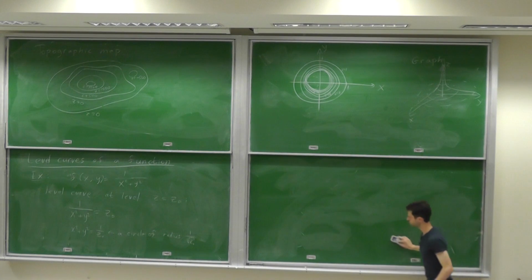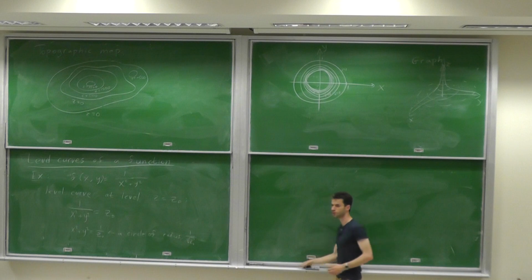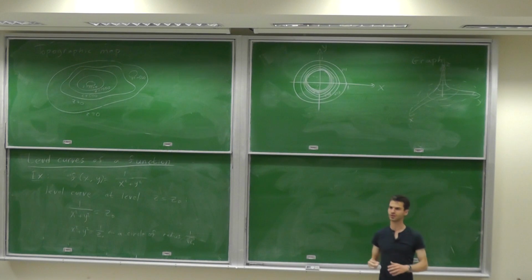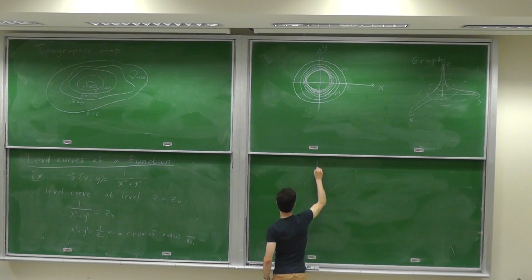What is good about such a picture? Well, once you have this picture, it's quite easy to imagine how the function looks, how it behaves. Imagine seeing a picture like this.